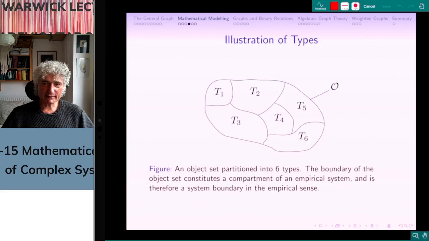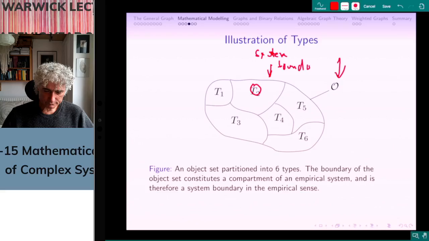Okay, you can illustrate that here. So you have here this basic set of objects, capital O, and you have here the different types. And you see that here there's the system boundary, and so here we have in total six types.